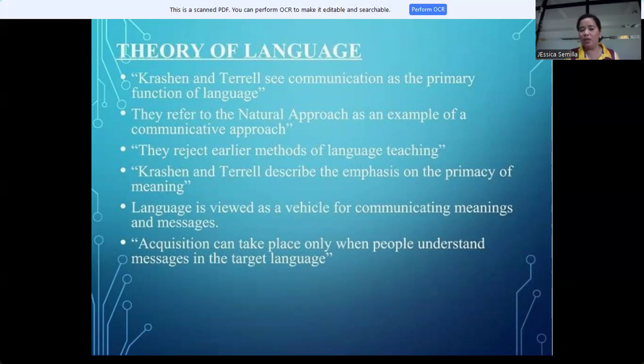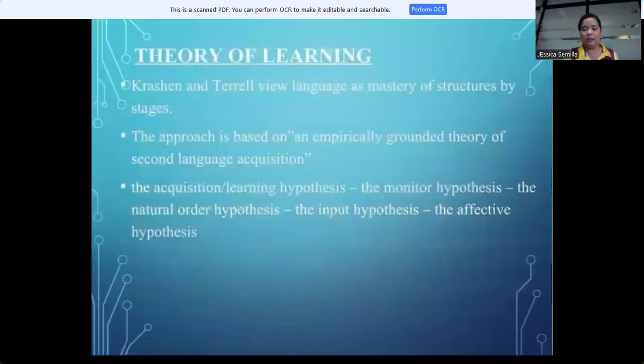So language is viewed as a vehicle for communicating meaning and messages. So acquisition can only take place when people understand the messages in the target language. Therefore, they look into the mastery of structure, mastery of rules, grounded in how you learn the second language, how you acquire the second language.